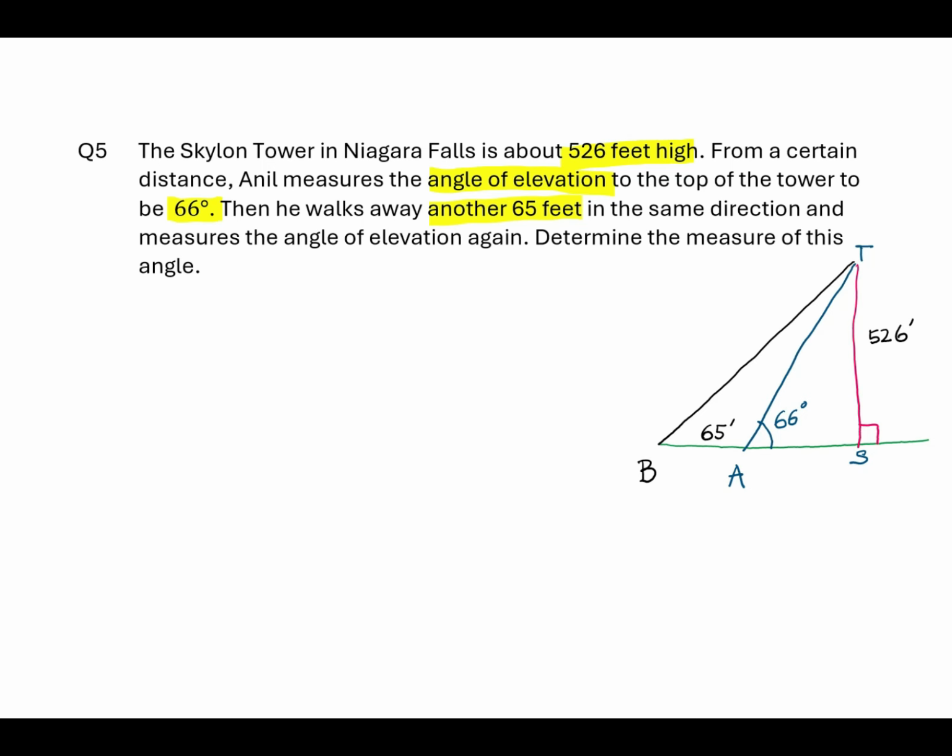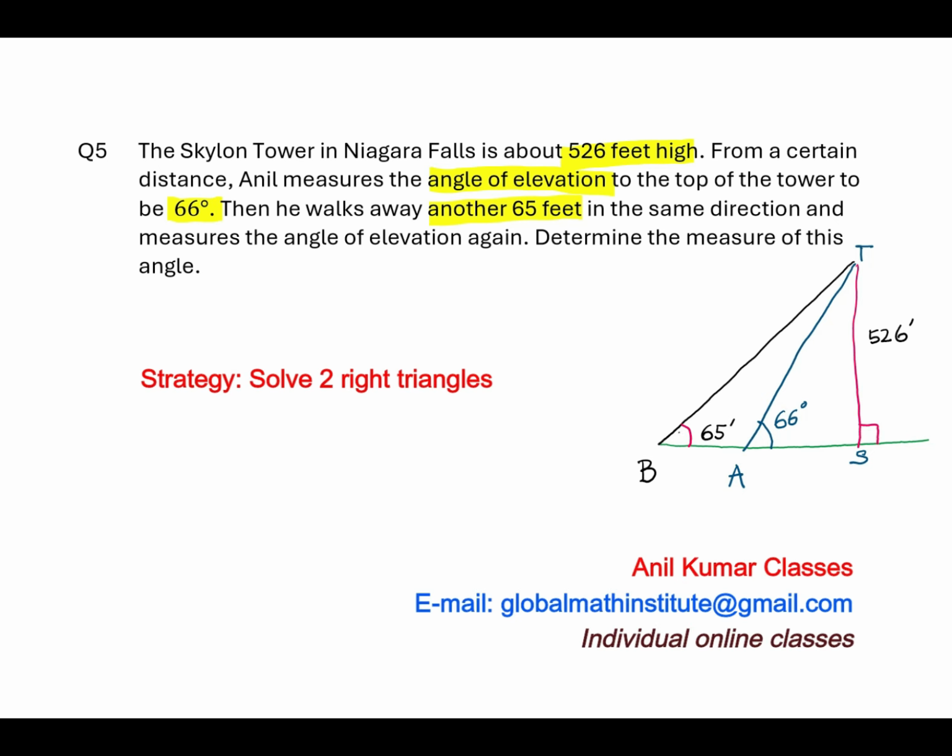So now we really want to find what is this angle at B. Correct? So let's call this angle of elevation as theta. So I hope the diagram is absolutely clear. The strategy is going to be that first we'll solve the right angle triangle ATS and find A to S. Let this distance be x.